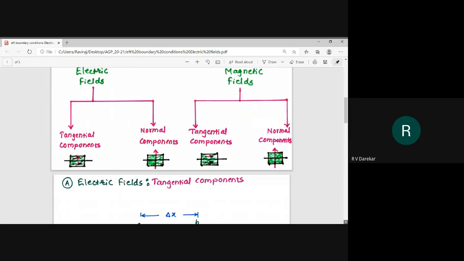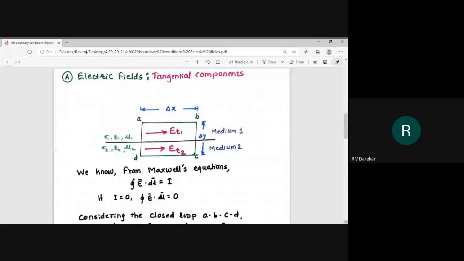In the last lecture, we had considered this structure as medium 1 and medium 2, which are separated in this way, and we are considering ET1 and ET2 as components of the electric field. As we can see, we started with the electric field and we had planned for the magnetic field in the next lecture.